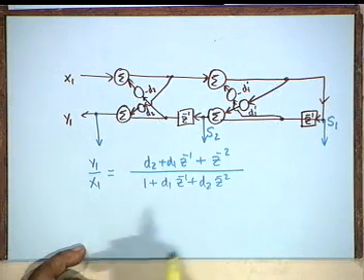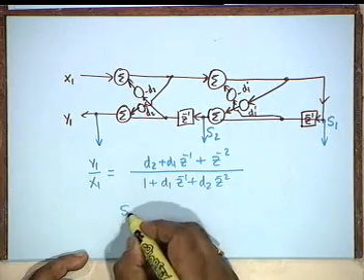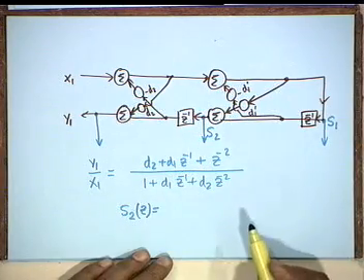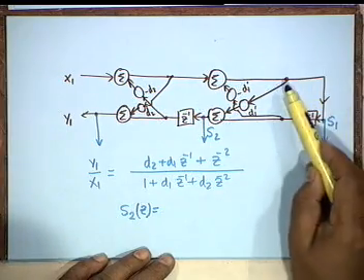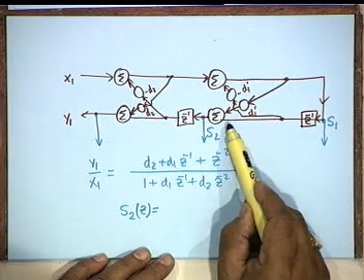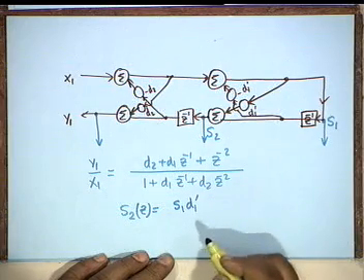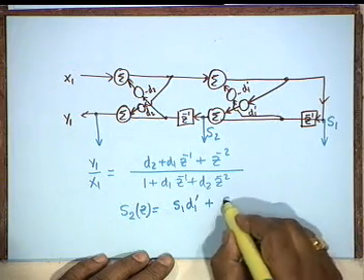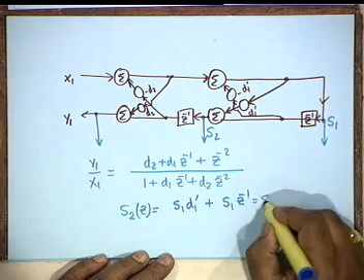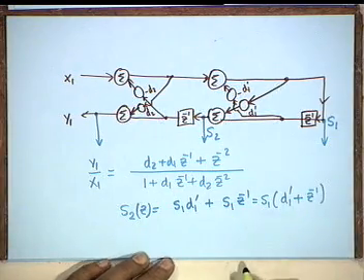As far as S2 is concerned, you see S2 of Z is the sum of 2 signals, one comes via this and the other comes via this, agreed? Now, this signal is obviously S1 D1 prime and the other signal is S1 Z inverse, that is it. So, S2 and S1 are very simply related, D1 prime plus Z inverse.